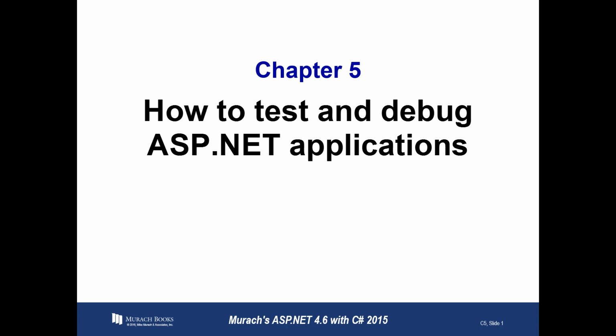And then, once we finish this chapter, we will go into Chapter 6, which begins our journey into Section 2 of the book, on ASP.NET Essentials, which expands upon what we learned in Section 1. So let's jump into how to test and debug ASP.NET applications.